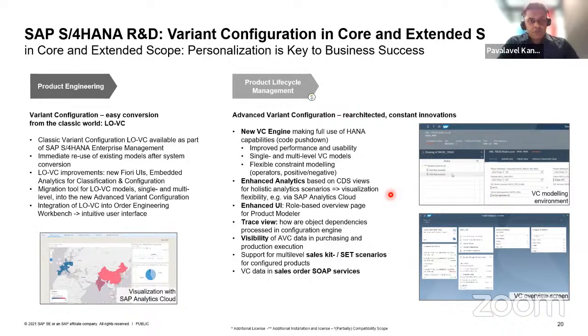Okay. So here you have in variant configuration what is available as a part of core and the extended scope. So I just showed the difference. So what is available as a part of your enterprise component and what is available as a part of your LOB, S4HANA LOB application.